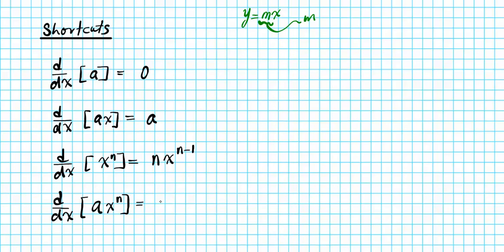All you do here is you factor out the constant, and then you apply the power rule to the polynomial term, okay? So power down the exponent, and then mark it down by 1. So your final form will be a n times x to the n minus 1. So these are some shortcuts that can really help you to differentiate powers rapidly.